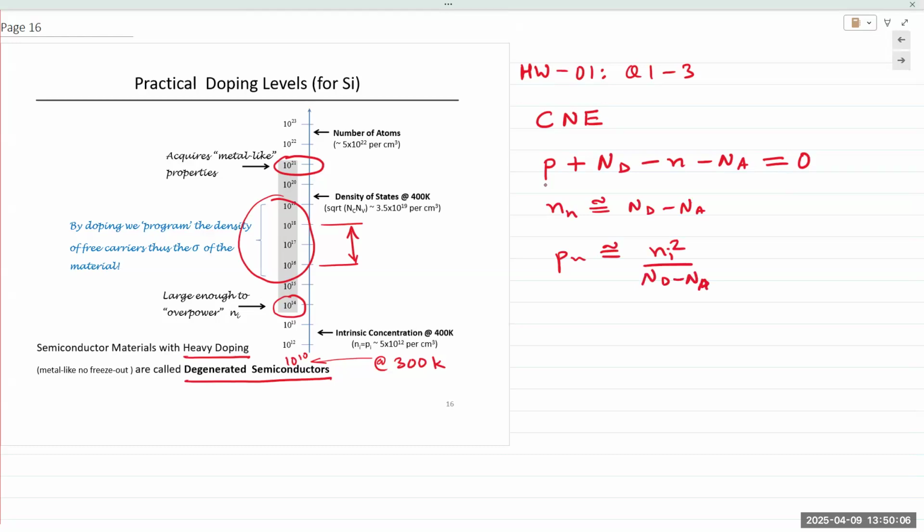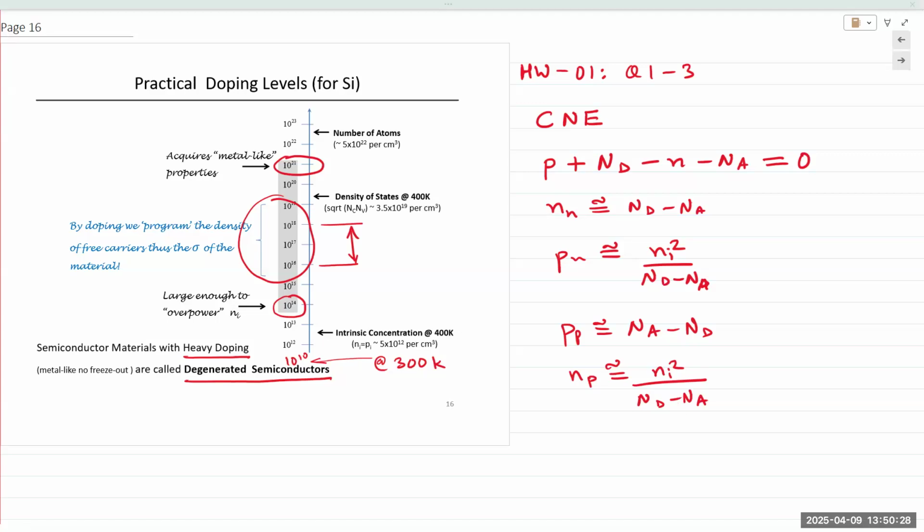In a P-type material, the number of holes is approximately equal to NA minus ND, and the number of electrons would be approximately equal to Ni squared divided by NA minus ND.